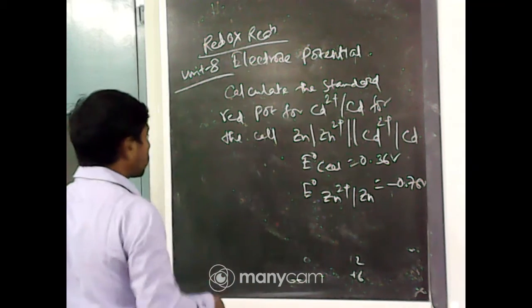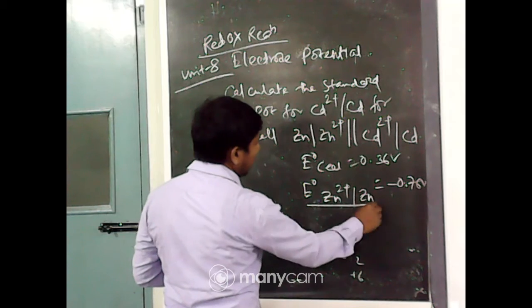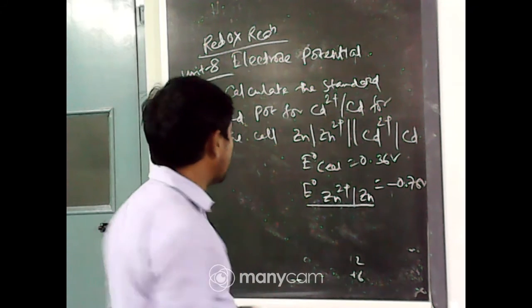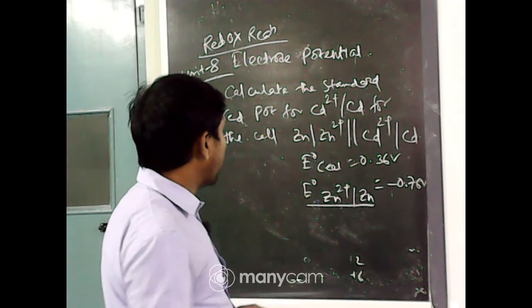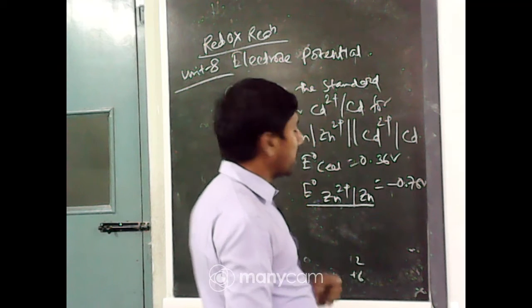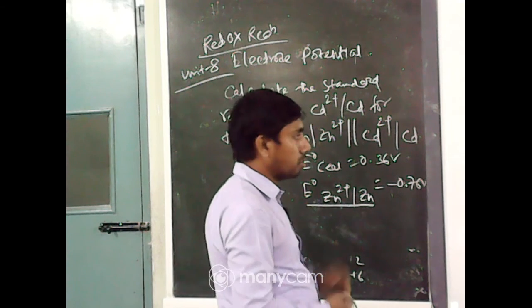Now, Zn2+/Zn is the reduction couple. Here the reduction potential is minimum, so it will act as the anode.